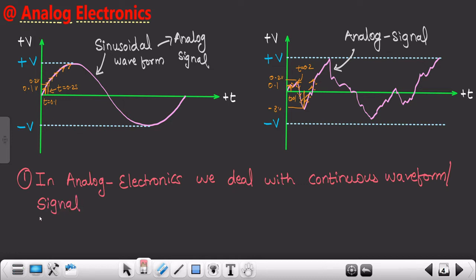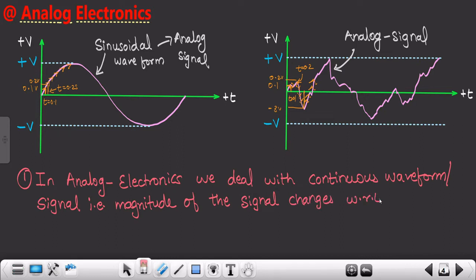That is, magnitude changes with respect to time. The magnitude of this particular signal changes with respect to time, or even you can say amplitude. So, magnitude of the signal changes with respect to time.